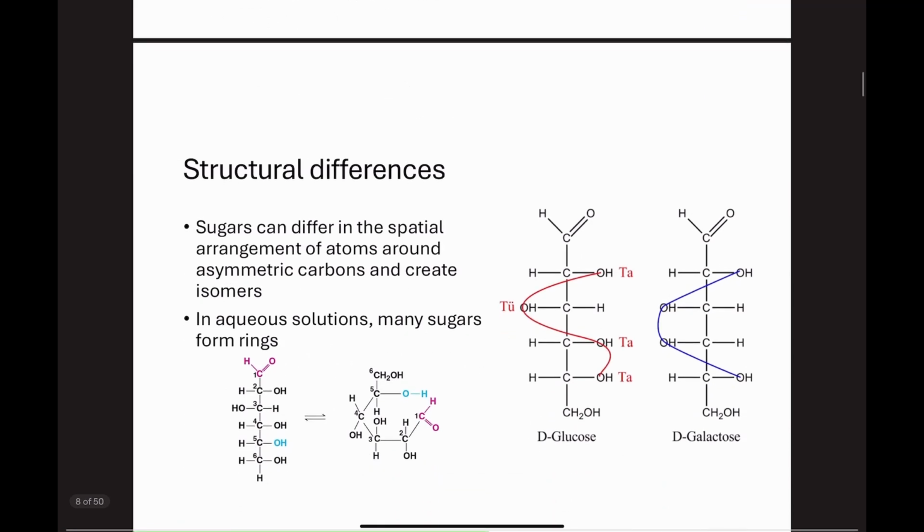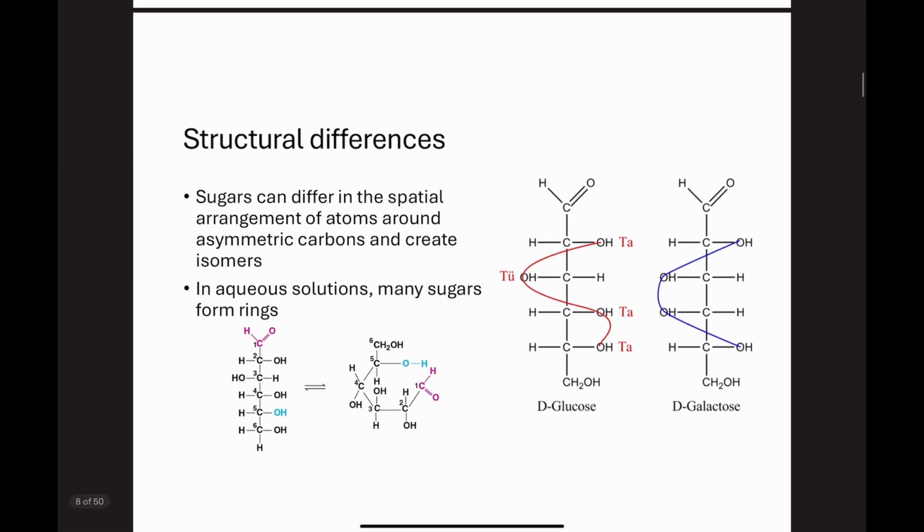Interestingly enough, sugars have the ability to differ in the spatial arrangement of atoms around asymmetric carbons, and they create isomers. If we remember, isomers have the same molecular formula but a different structure. We frequently see this in glucose and galactose.